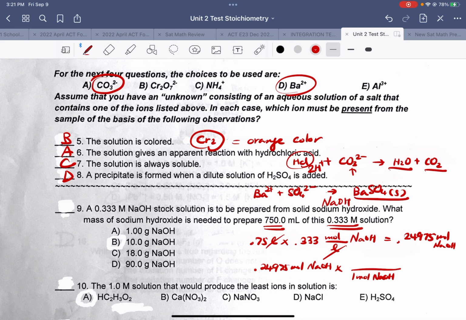If you use a periodic table to find the molar mass of sodium hydroxide, it will be around 40 grams. When you multiply it out, it's very close to 9.99 something, so 10 grams of NaOH, sodium hydroxide. So B is the answer.